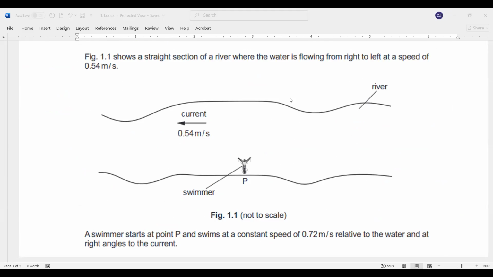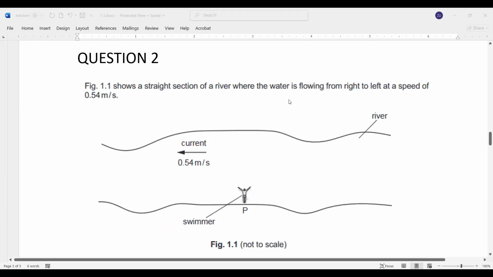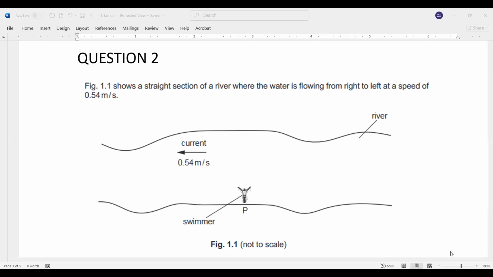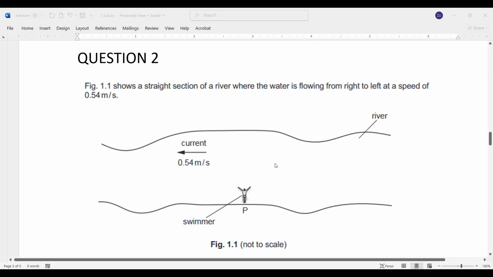Figure 1.1 shows a straight section of a river where the water is flowing from right to left. As you can see, this is the flow of the water, or the water current.